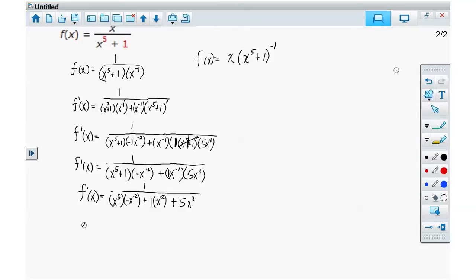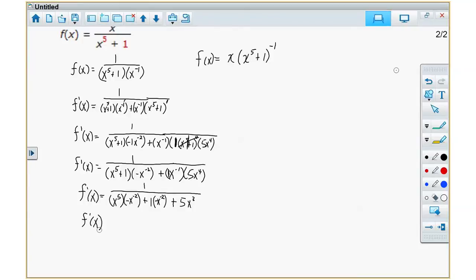So f prime of x is equal to 1 over, there's a 1 here, and there's a 1 here, negative 1 times 1 is negative 1, x. 5 minus 2 is what? 3. Minus, that's a 1, negative 1 here, so that's negative 1, x to the negative 2, plus 5x to the 3rd.